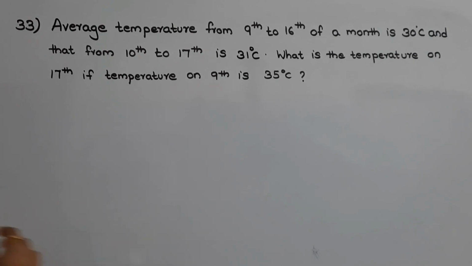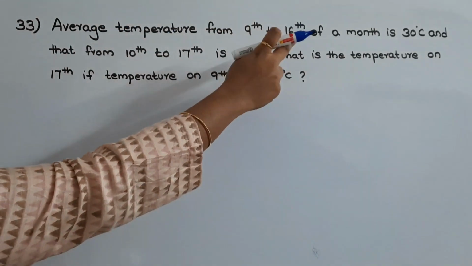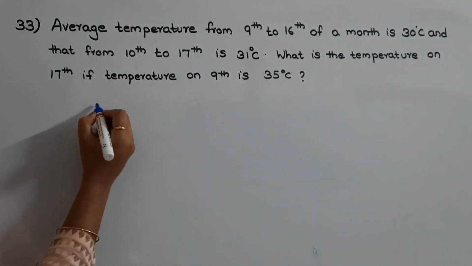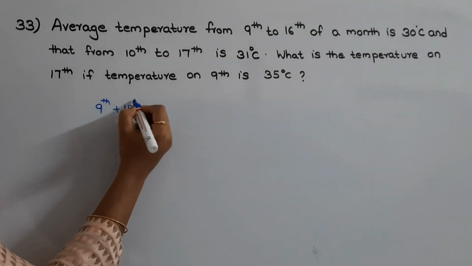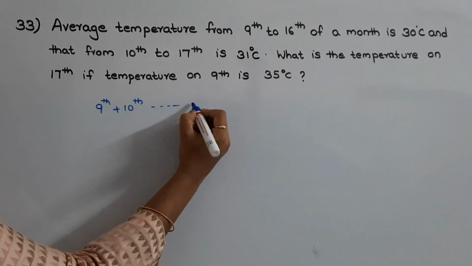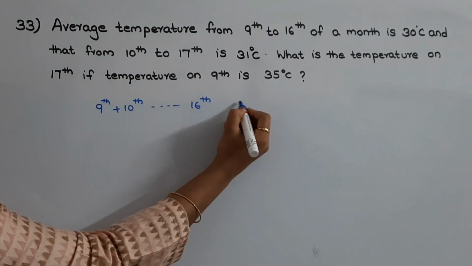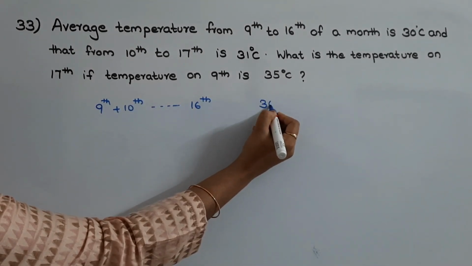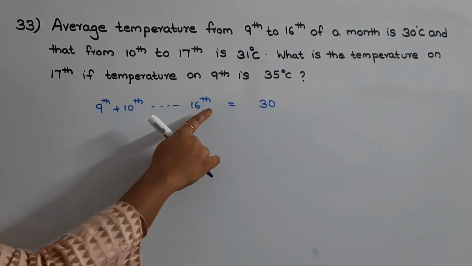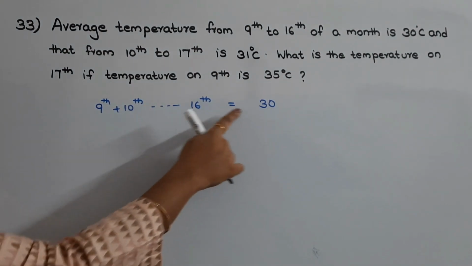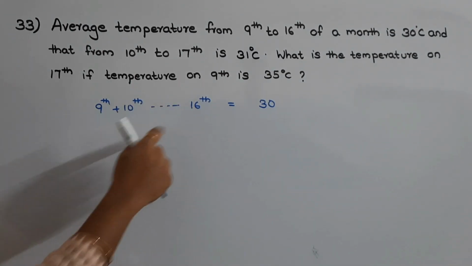In this question they have given the average temperature from 9th to 16th of a month, 9th plus 10th plus so on till 16th, as 30 degrees Celsius. If the average temperature from 9th to 16th is 30, what will be the sum of the temperatures from 9th to 16th?